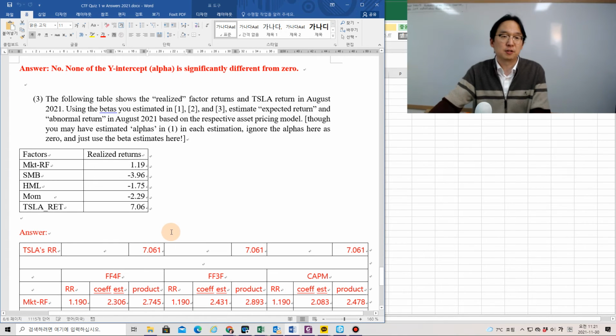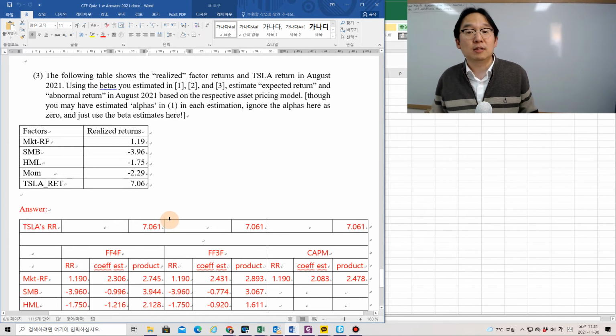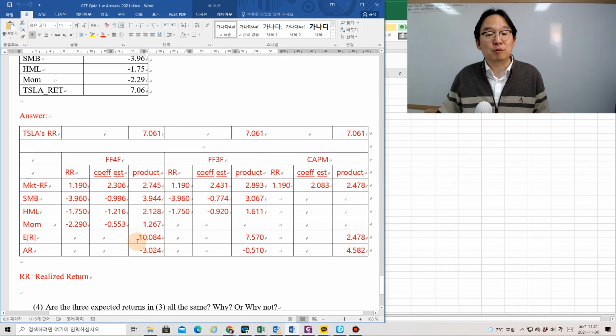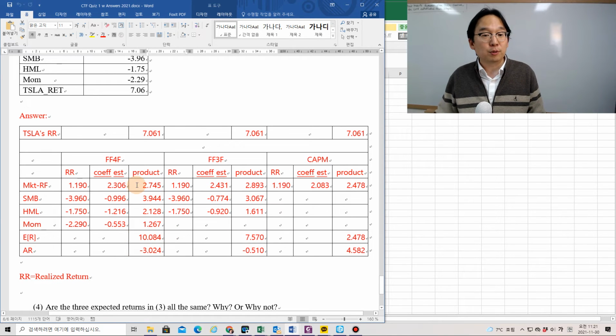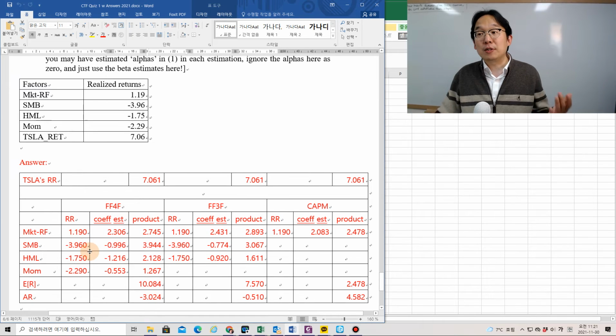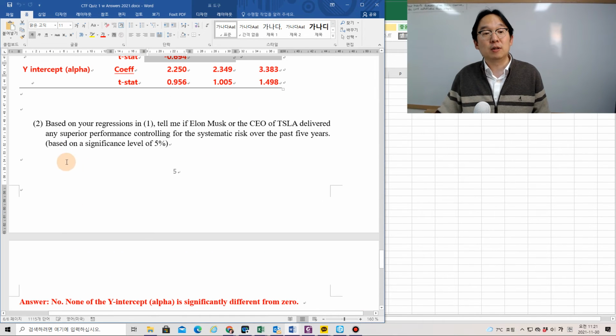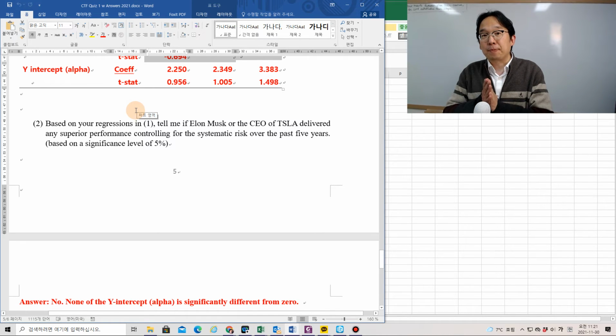And number 3, realized return, and then abnormal return. Yeah, computed based on these coefficients and then risk premium for each different period. Now, the coefficients you already estimated in the previous process, right? You estimated until as of the end of 2020. Fine. Now it's 2021.